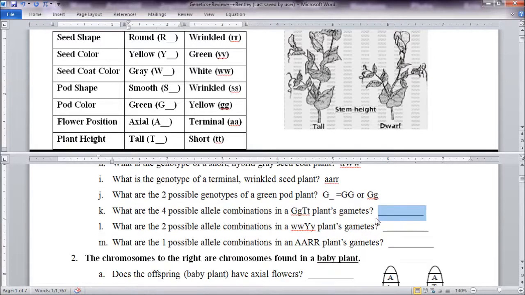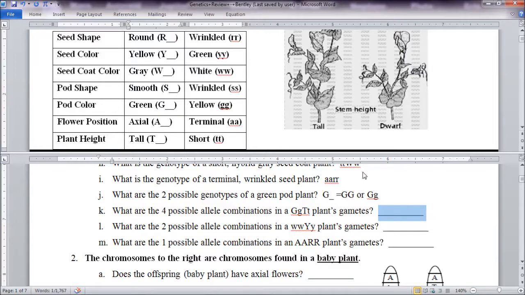Okay, so anytime we have to do these allele combinations, what you have to think of are four possible gene combinations at max that your genes could separate into whenever the plant makes its gametes or its sex cells.